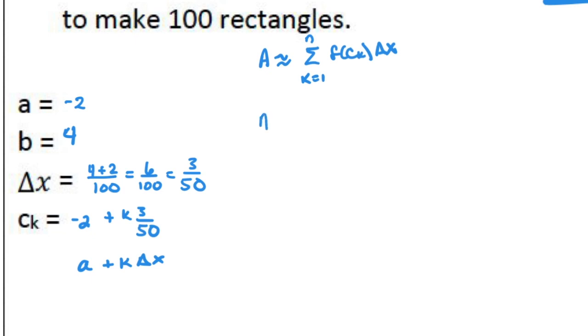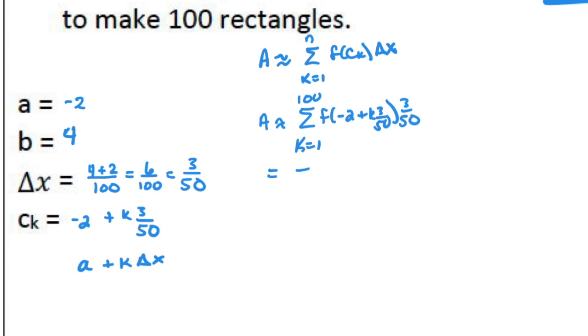So in our particular problem, the area is approximately equal to k equals 1 to 100. F this time was x to the third, so we're going to first write f of -2 plus k times 3 over 50, and that is multiplied by 3 over 50.